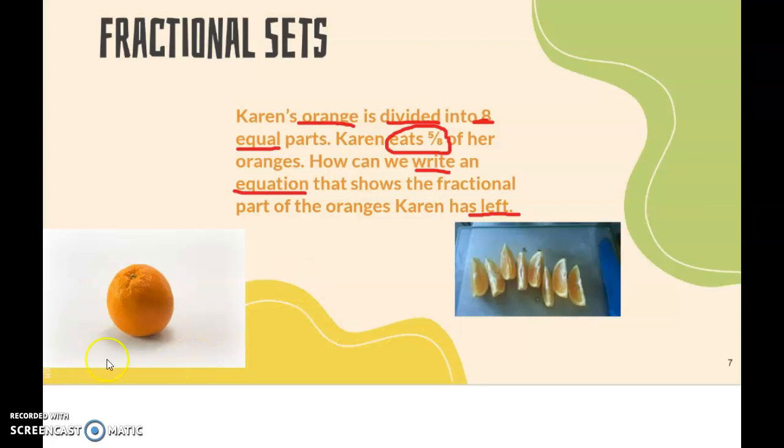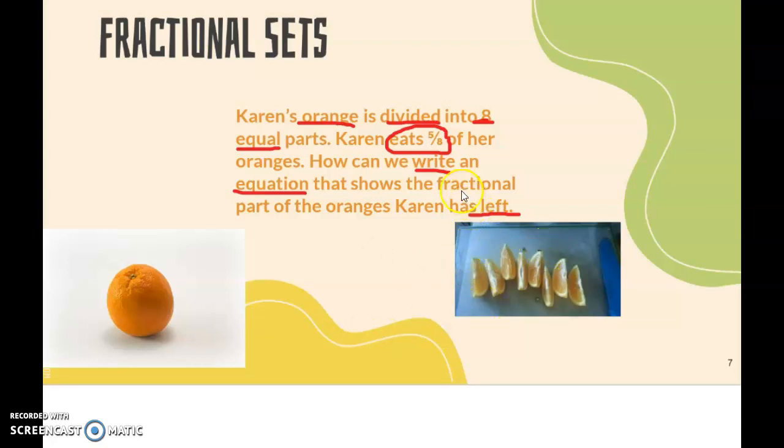So this one whole entire orange was divided into 8 pieces. And remember, 1/8 plus 2/8 plus 3/8 plus 4/8 plus 5/8 plus 6/8 plus 7/8 plus 8/8. All of these pieces equal this whole. If I put it back together, I'm going to get the whole entire orange again.